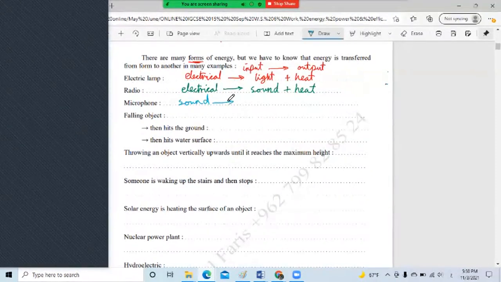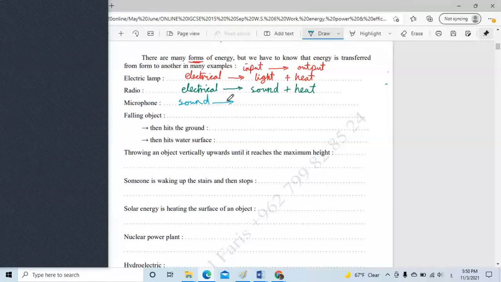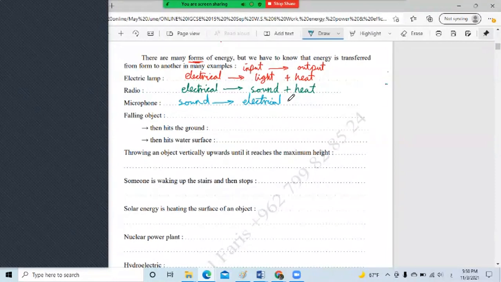Eventually, this electrical energy is stored inside the computer, or on a CD, or goes to a loudspeaker or your AirPods and becomes louder. That's something else. I'm talking about the process of the microphone from sound to what? To electrical, plus what? Plus heat. Yes.